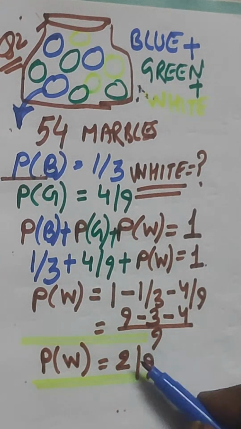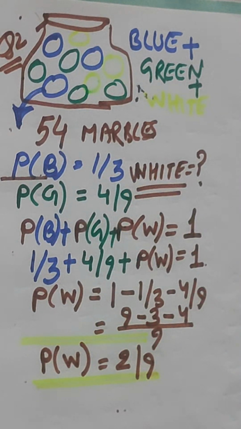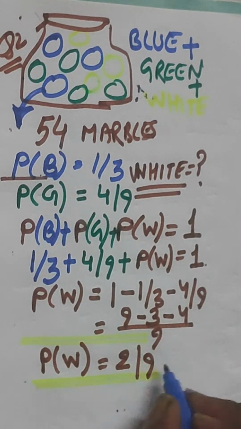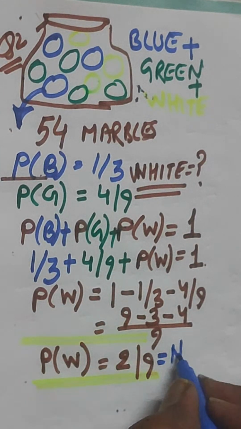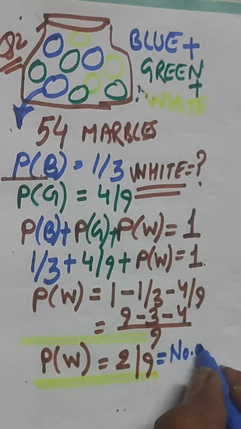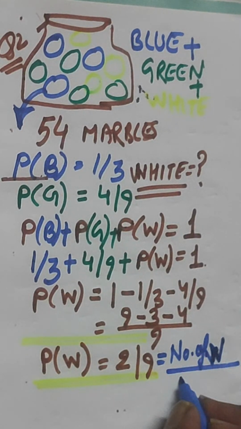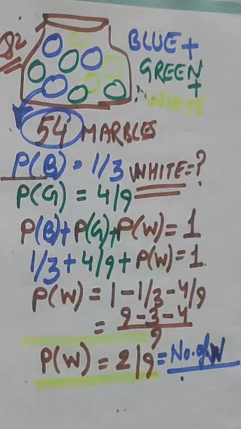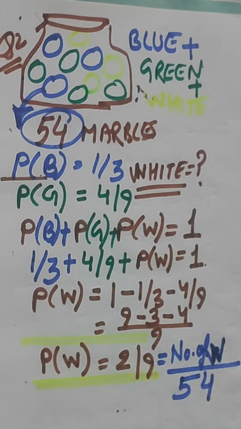So students, if 2 by 9 is the probability of white marbles, then we use the formula: the probability is the number of favorable events divided by the total number of events. So the number of white marbles divided by the total of 54 will be equal to 2 by 9.